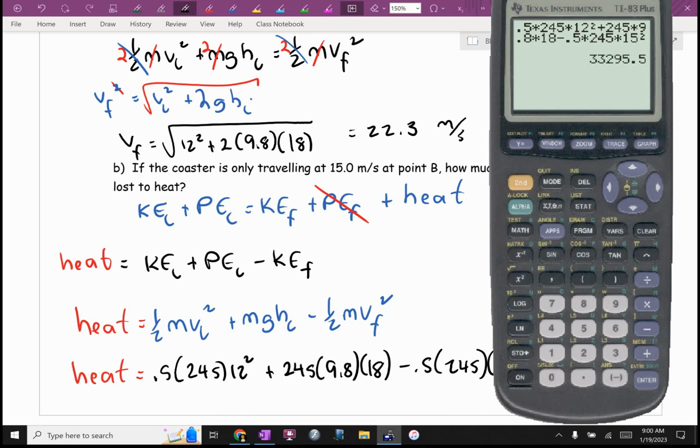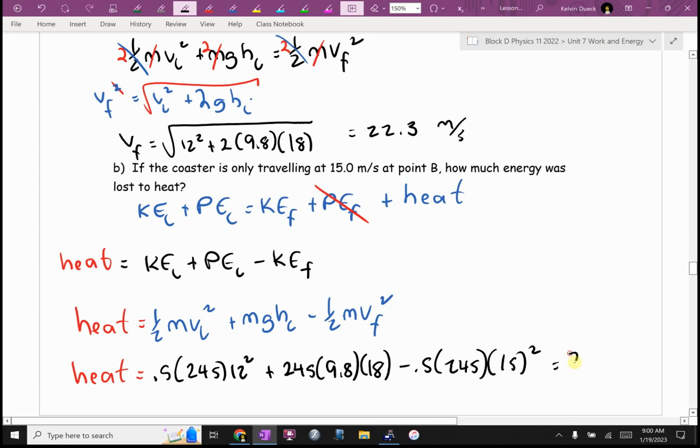Do you get 33,300 if I go to 3 sig figs? Units, Noor. Joules, heat is energy. Yep. Okay.